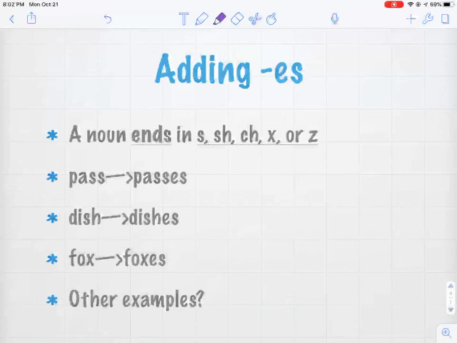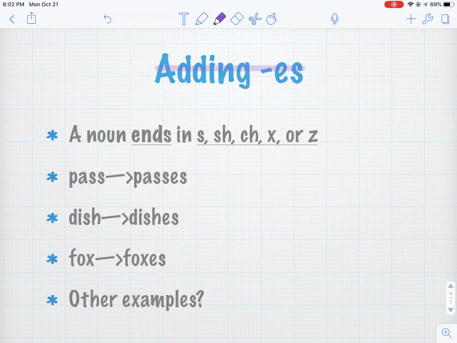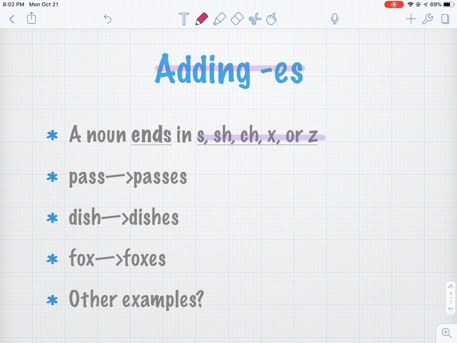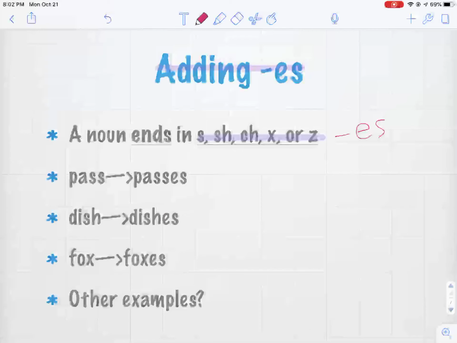Now, a little bit different is adding the ES at the end. And we do that for multiple reasons. If the word ends in an S, SH, CH, X, or Z, you will end the word with an ES.